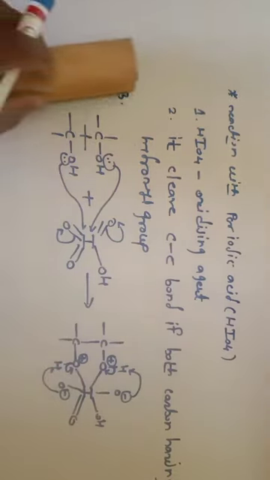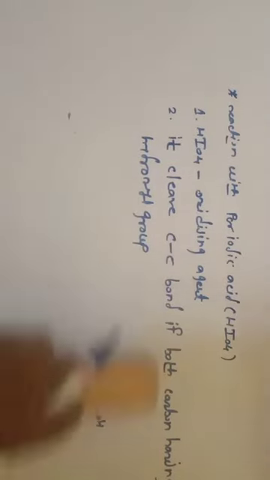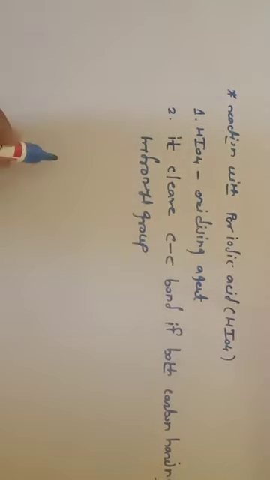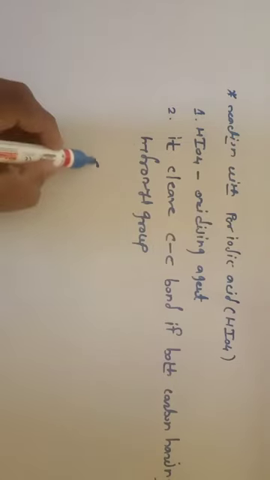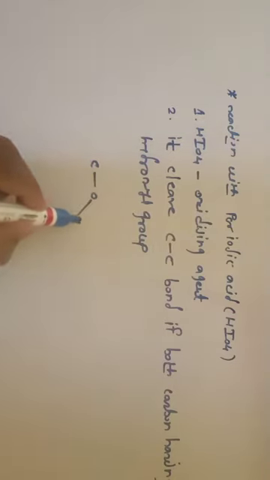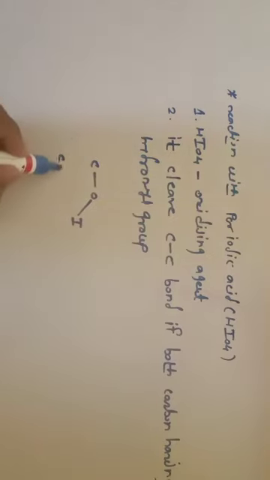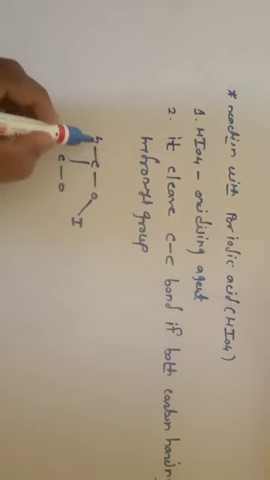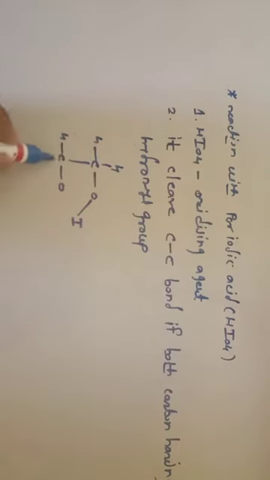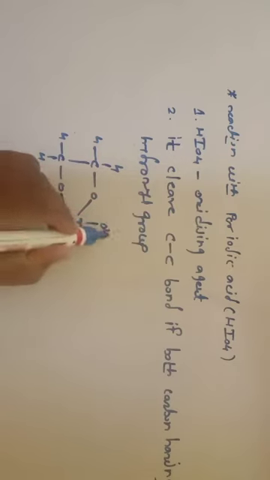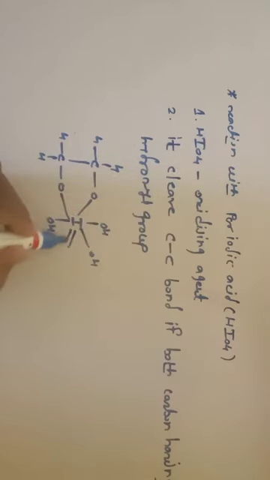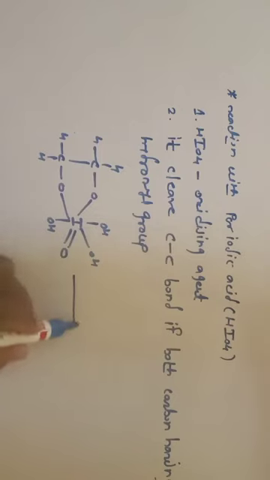So what you get finally is this: the carbon having oxygen which is attached to iodine, the other carbon having oxygen which is attached to iodine, then there is an OH, OH, and there should be a double bond O. So we get this intermediate, and this intermediate undergoes bond breaking and bond making.